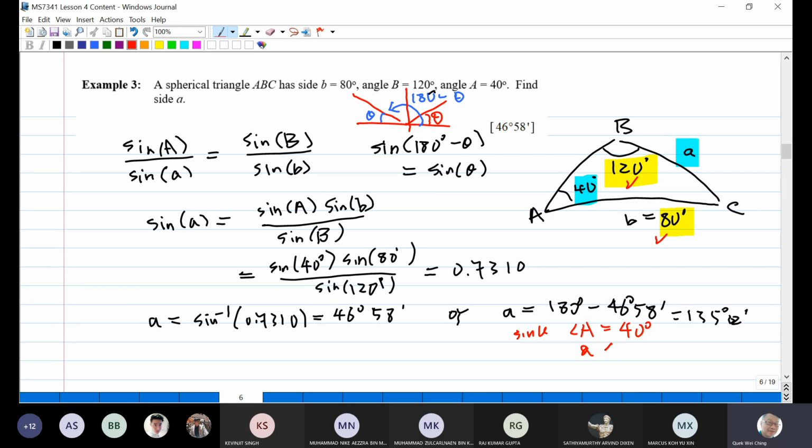So this one must be less than 80 degrees, because the longer side is B. Therefore, you must reject this answer. So you have A is actually 46 degrees 58 minutes.